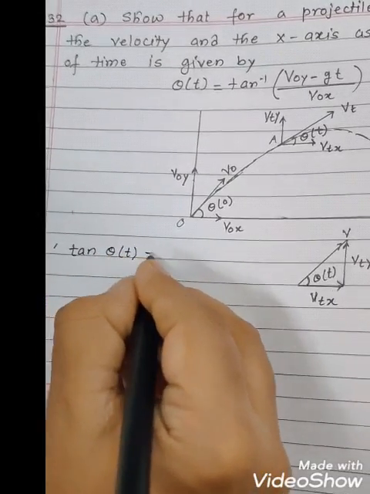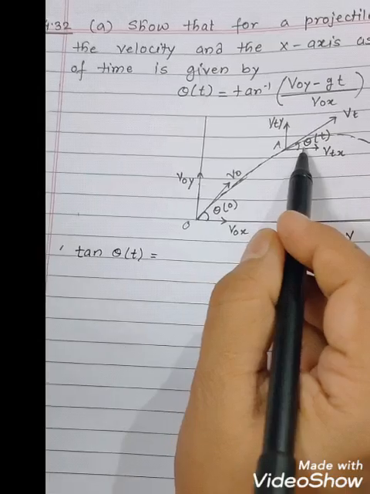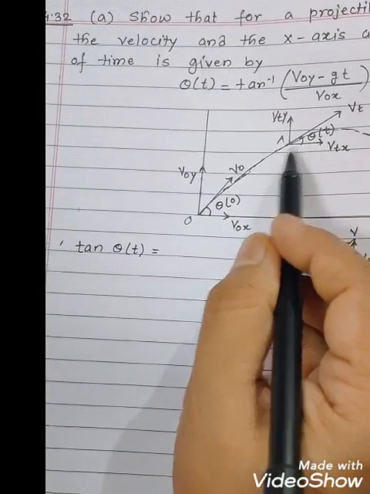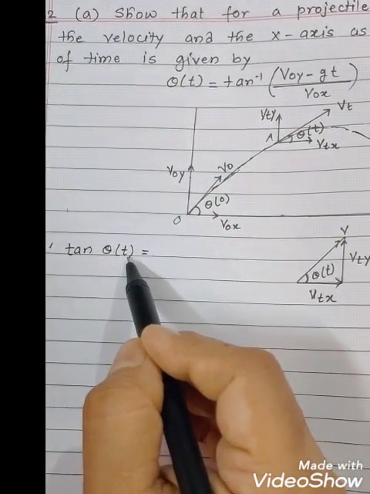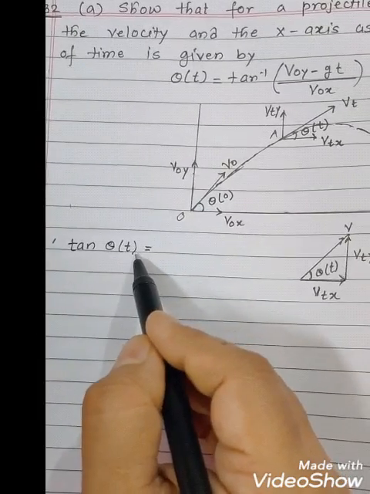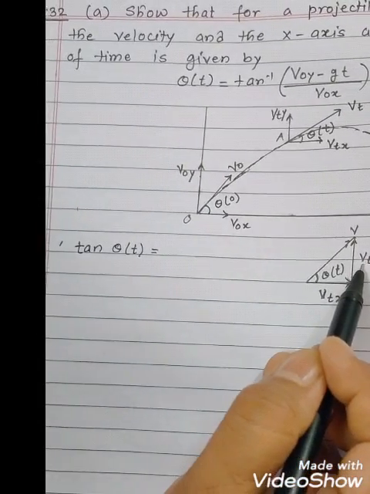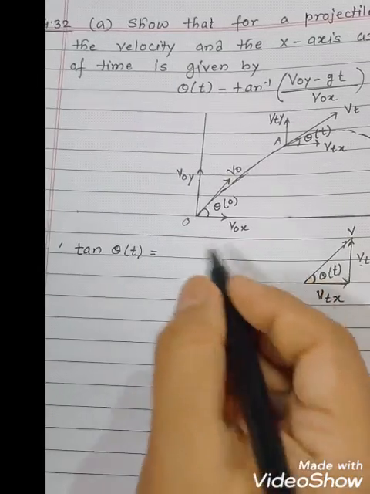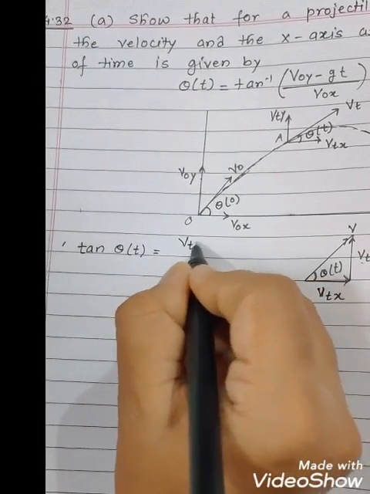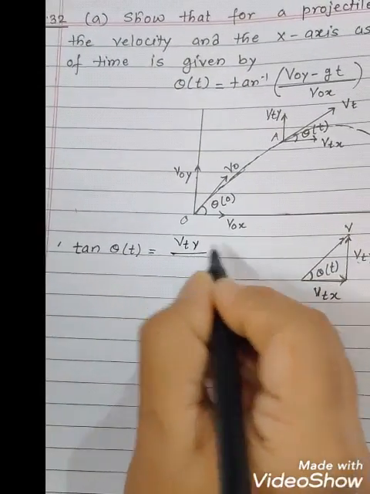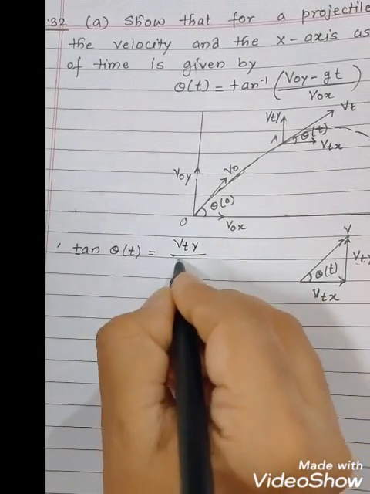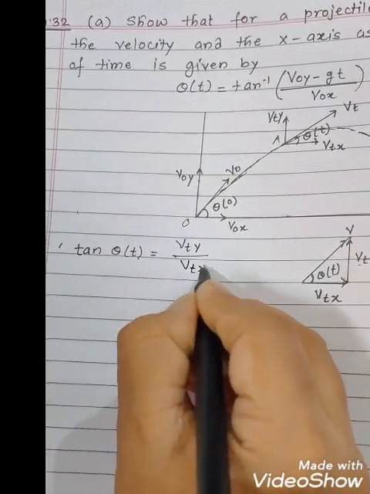That means the angle theta with the horizontal made by the projectile at time t here. And that must be equal to perpendicular, which is vty, upon base, which is vtx here.